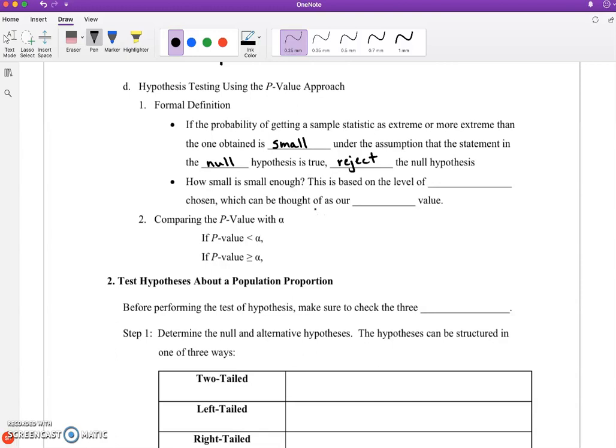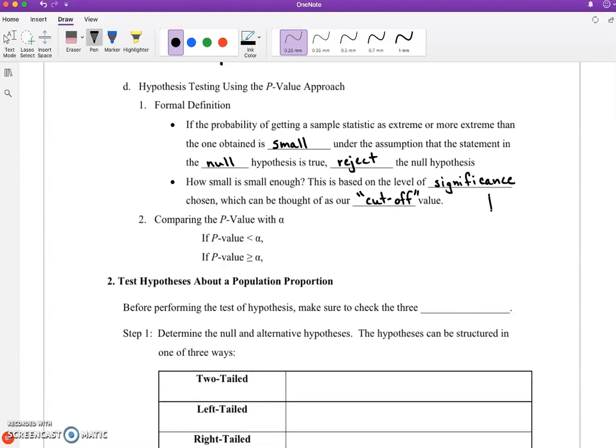How do we know how small it has to be? Well, that's based on the level of significance that we choose. And that level of significance can be thought of as the cutoff value. So anything smaller than the cutoff value means we reject the null hypothesis.